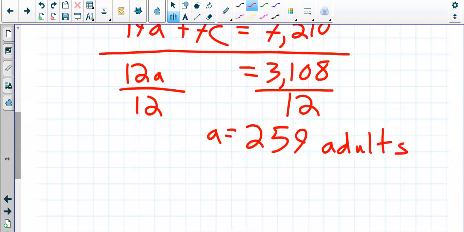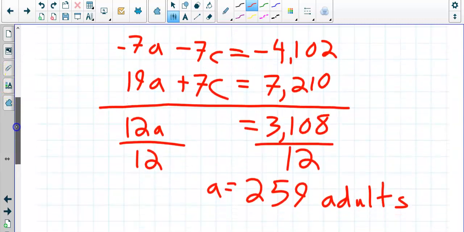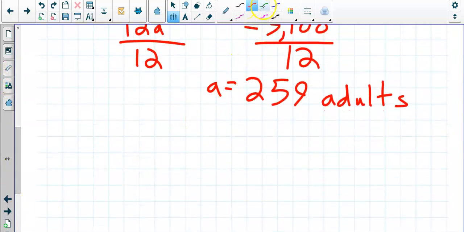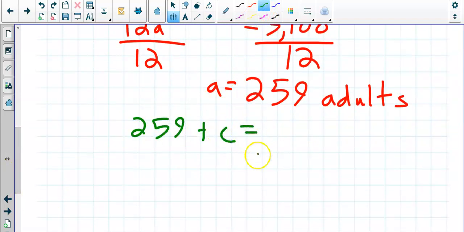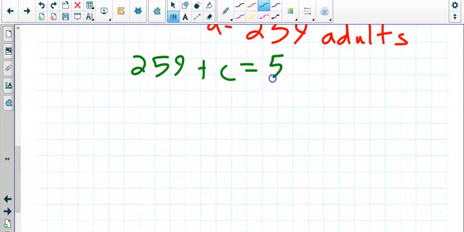How do I figure out the children? Plug it in. So go back up here to one of our two equations, either the green or the blue, and plug it in. Which one did you say? Yeah, I definitely go into the green one. Less numbers to deal with. They're all smaller too. So all I'm going to do is plug the 259 in for A and solve for C. 259 plus C equals 586.